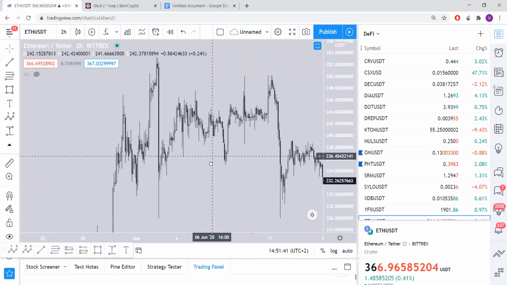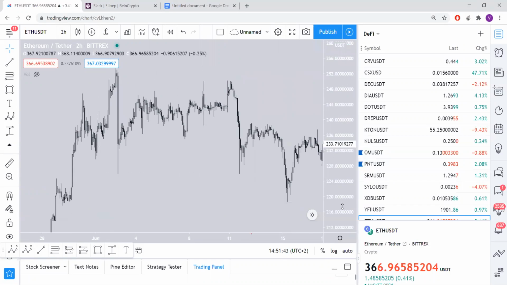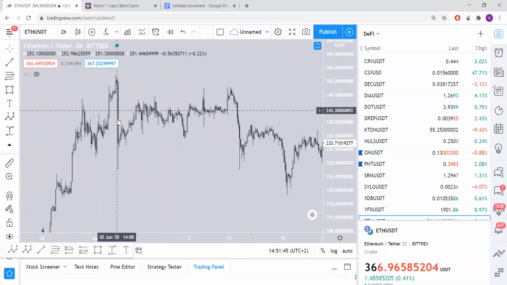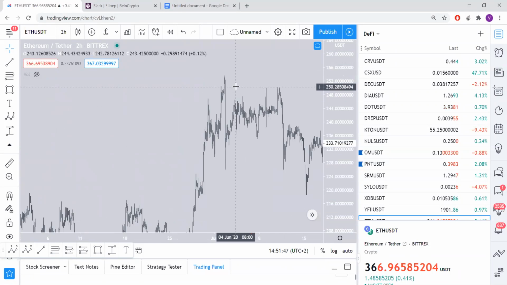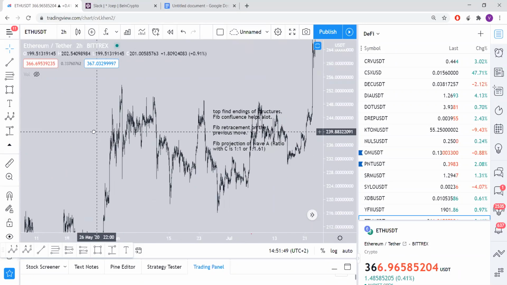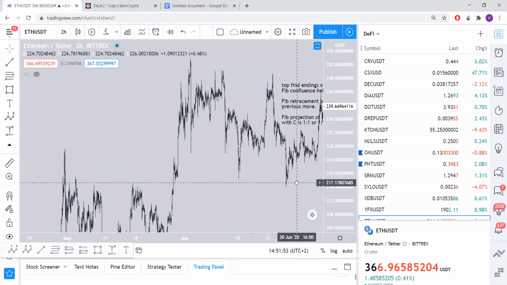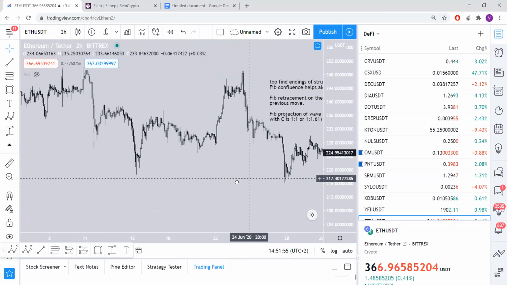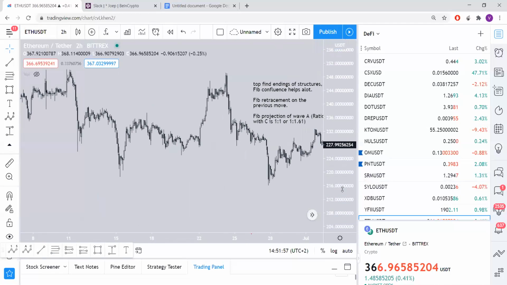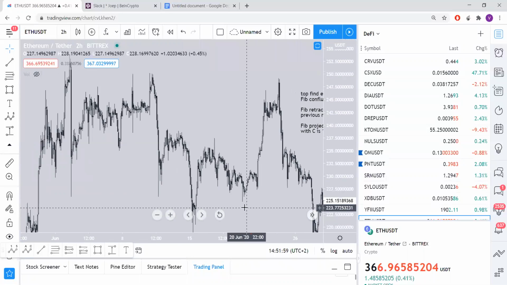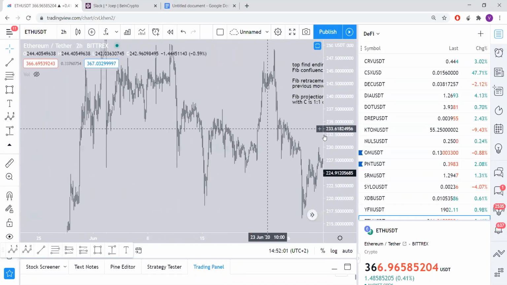I think this was our flat, or no? Where was our flat? Maybe a higher time frame. No, I think this was it. It was this.